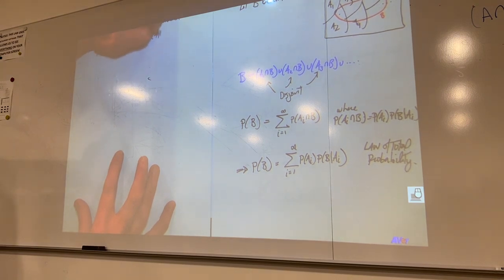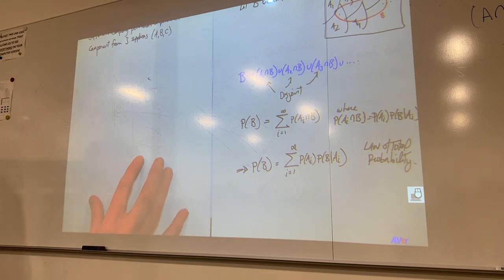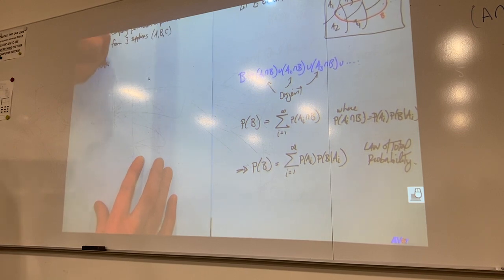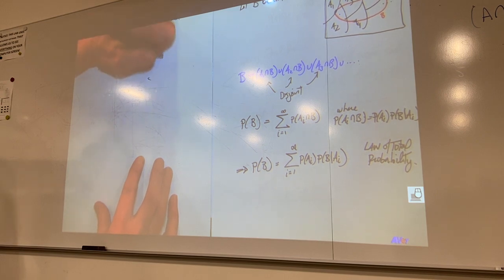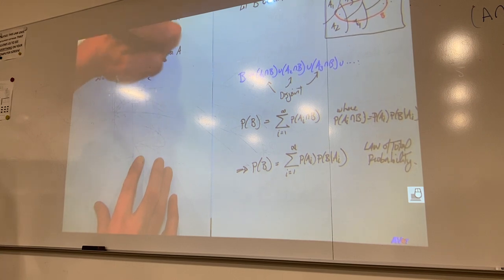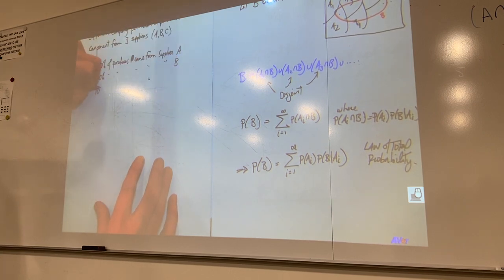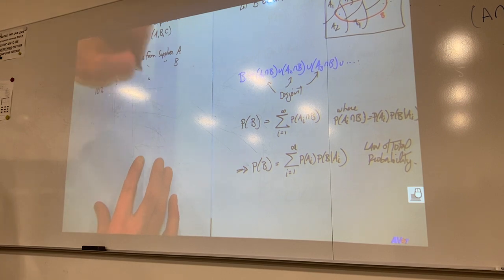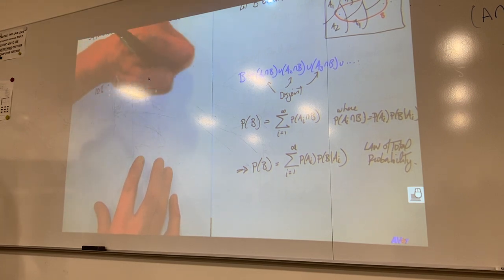Call them A, B, and C. Furthermore, let's say 70% of the purchases come from supplier A. Suppose that 20% of the purchases come from supplier B. Suppose that the remaining 10% of the purchases of these components comes from supplier C.